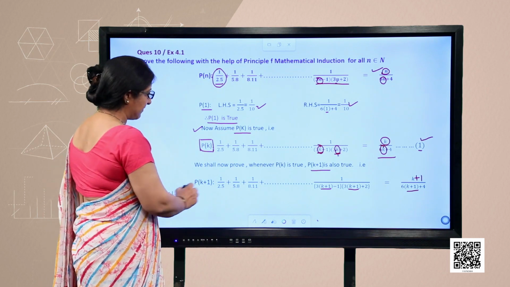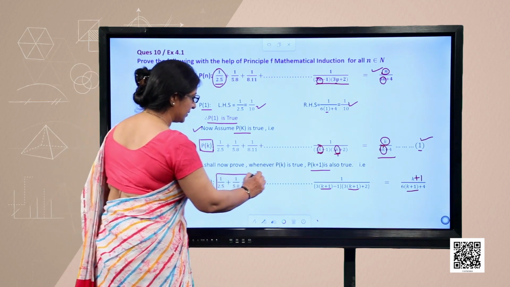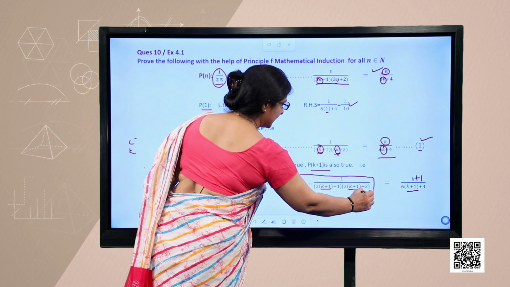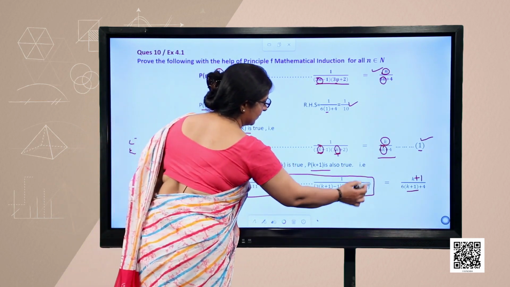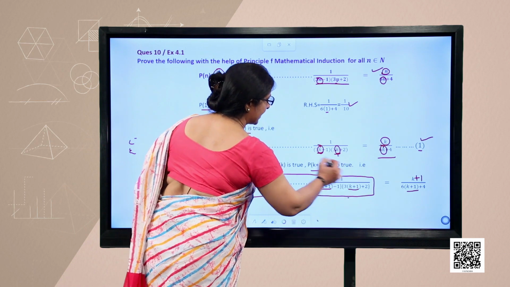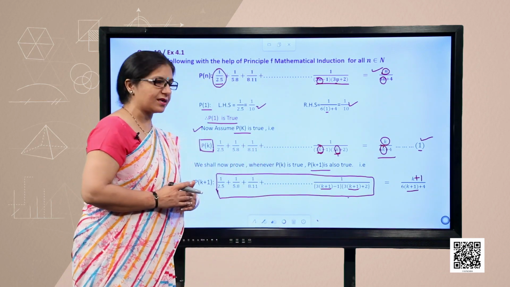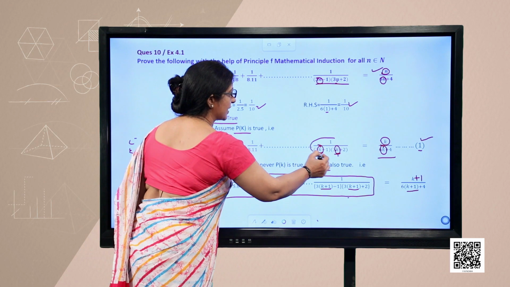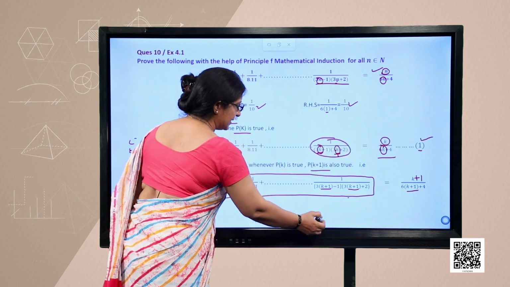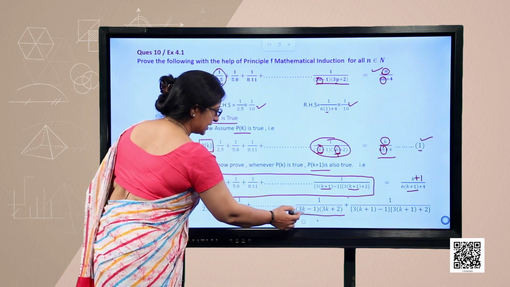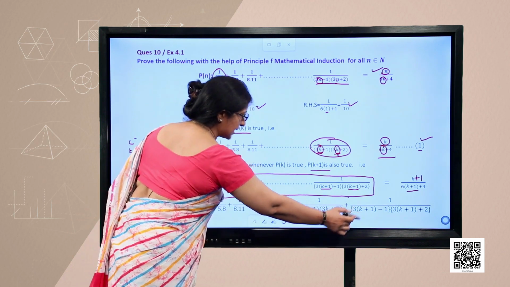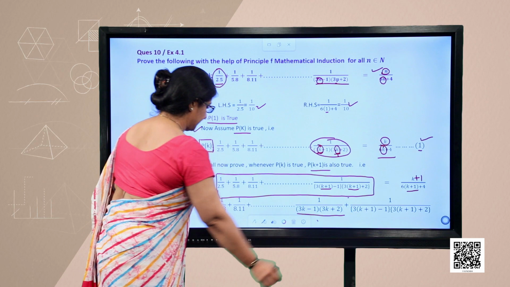Now consider the left hand side of this statement. In this left hand side, this is the last term. Last term means the (k+1)th term. What is the previous term? The previous term was this one, the kth term. If we write the previous term, this is the kth term and this is the (k+1)th term.